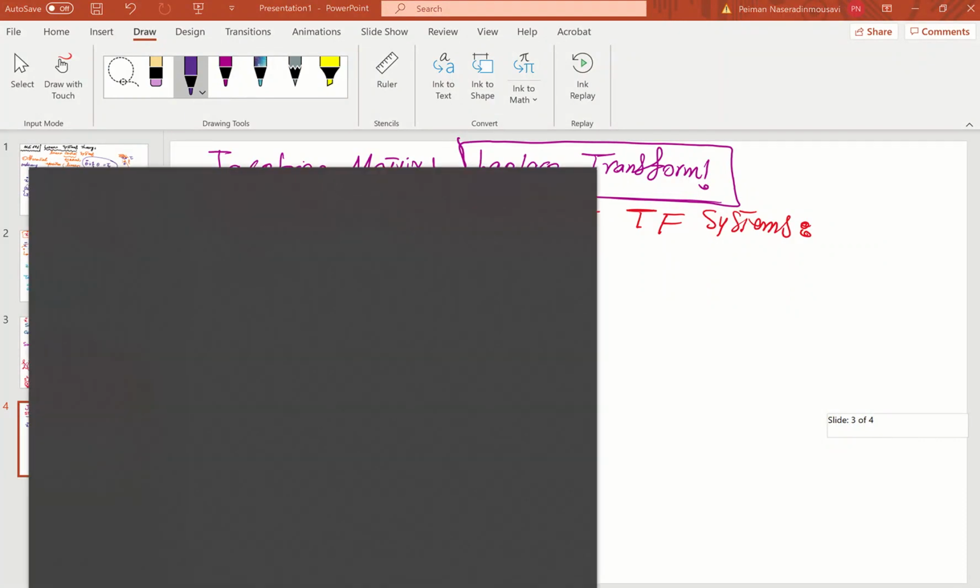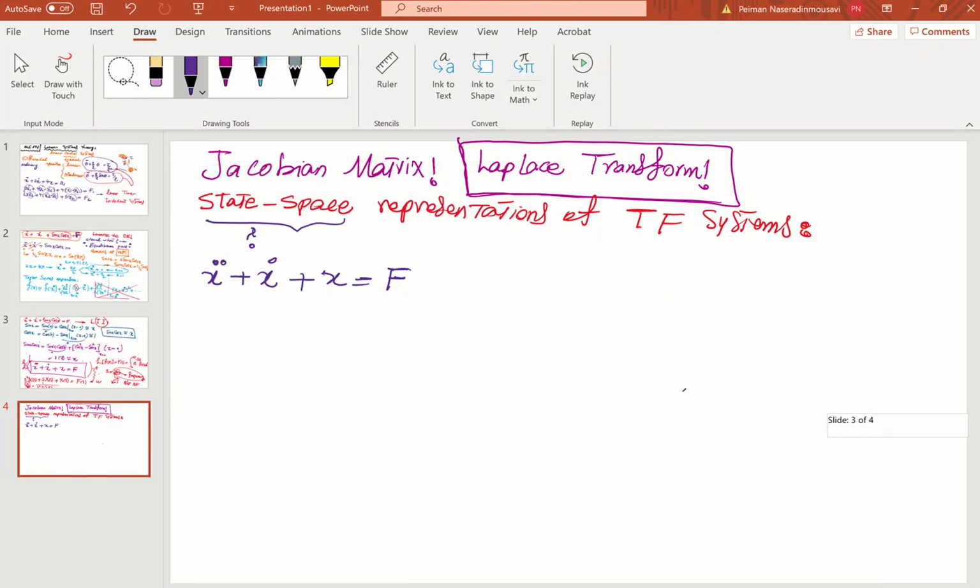This is how we generate state variables, and then state space equations.